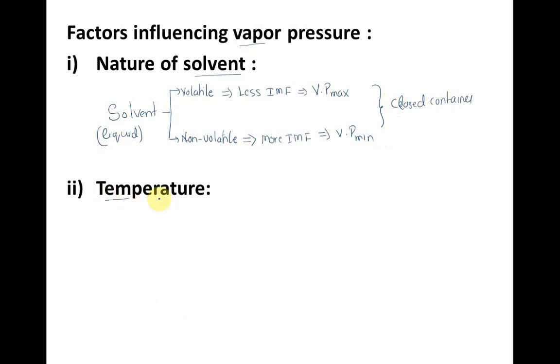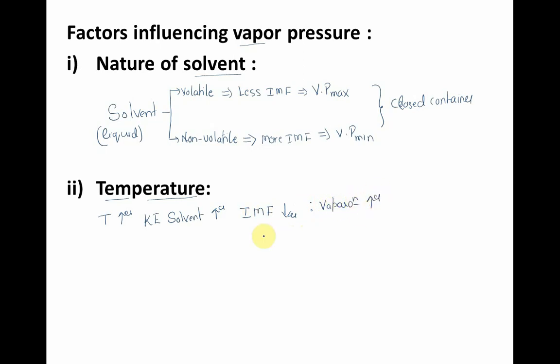Next, coming to the effect of temperature. As temperature increases, the kinetic energy of solvent molecules also increases, and the intermolecular force of attraction between the molecules decreases. Therefore, the vaporization process takes place easily. Vaporization also increases.